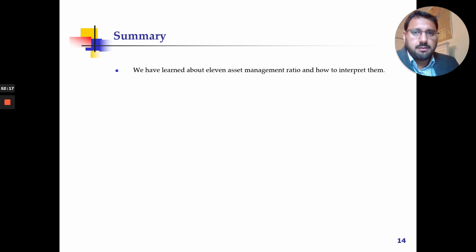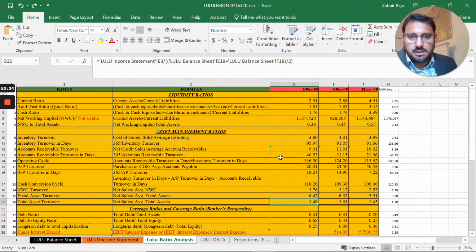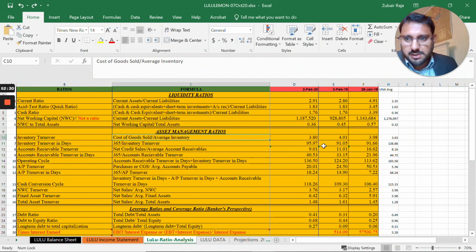Otherwise, I will be showing you my Excel file, how I did the calculation. So you can see I have calculated these 11 ratios, the asset management ratios, and I have written the formula over here, so that anyone can readily see what formula is used.